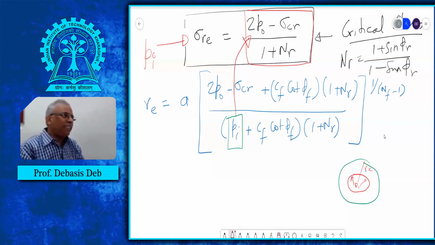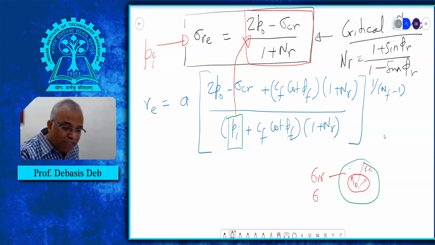Now the question is, once I know the Re, do I know the stresses around here? Do I know what is sigma RR and sigma theta theta in this zone? The answer is yes.